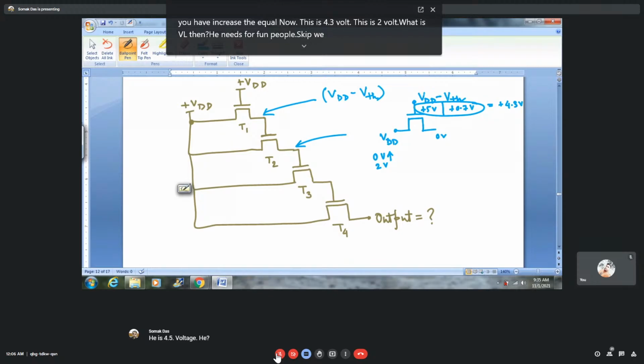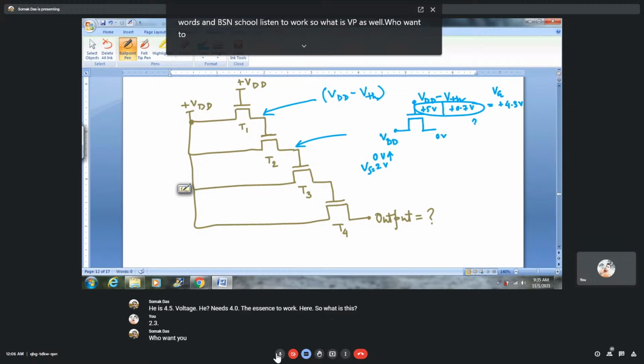So what is VGS value? 2.3 volt. 2.3 volt is greater than 0.7 volt, right?